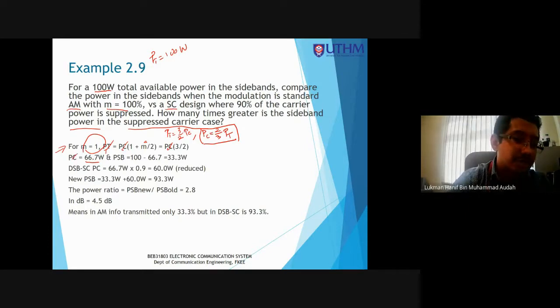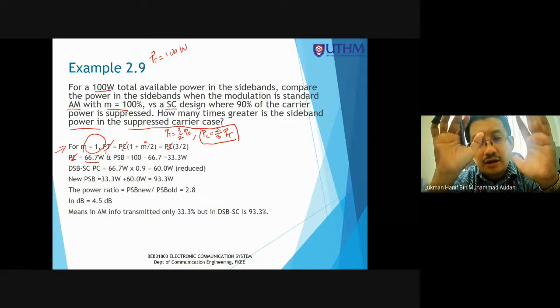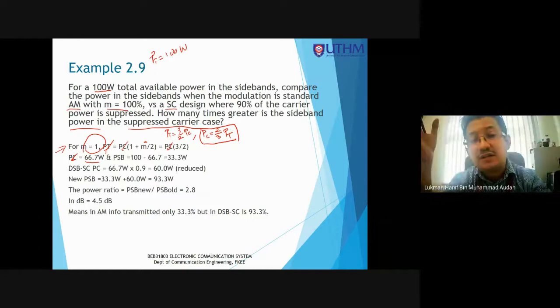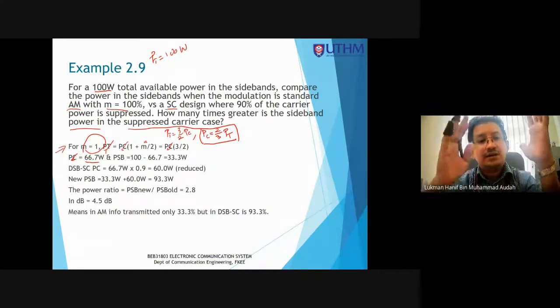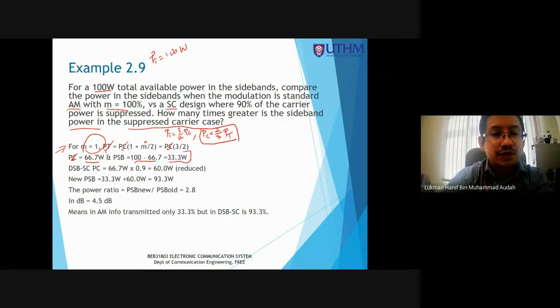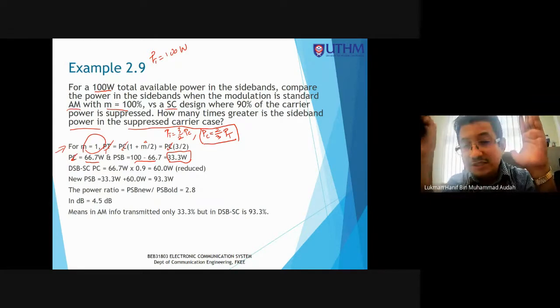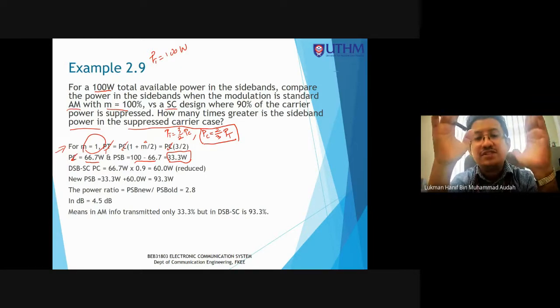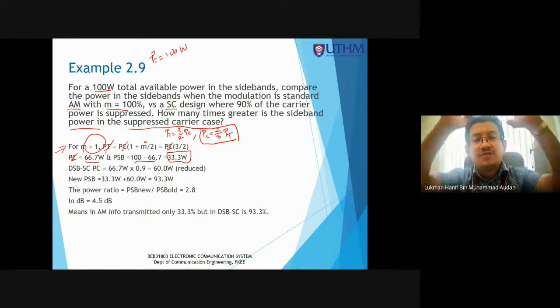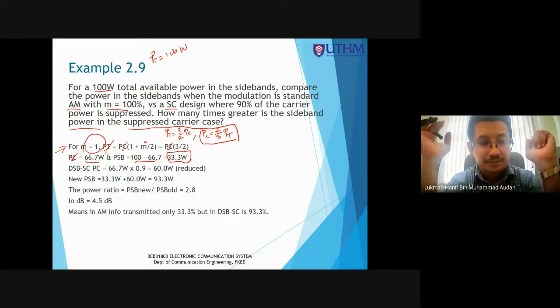Okay, again this is subscript C. So if the carrier alone is 66.7, that means both sideband has the power of 100 watt total minus carrier power. So you akan dapat sideband power 33.3 watt for both upper and lower sideband in the double sideband full carrier. Ini untuk case double sideband full carrier. Dia punya sidebands, both of it has a power of 33.3 watt. Okay, selesai.